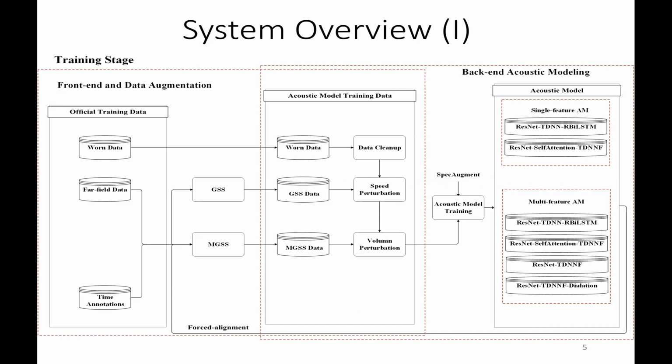With the raw data and the separation data, we further do speed perturbation, volume perturbation, and SpecAugment as the training data augmentation. For the backend, we design two types of acoustic models, namely single-feature acoustic model and multi-feature acoustic model. In total, we have 6 acoustic models for the model fusion.